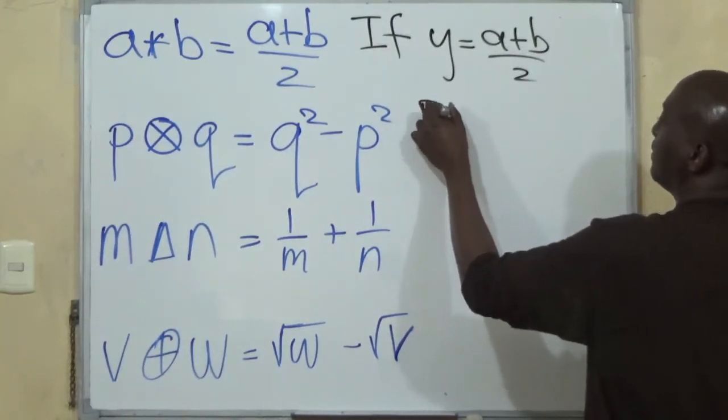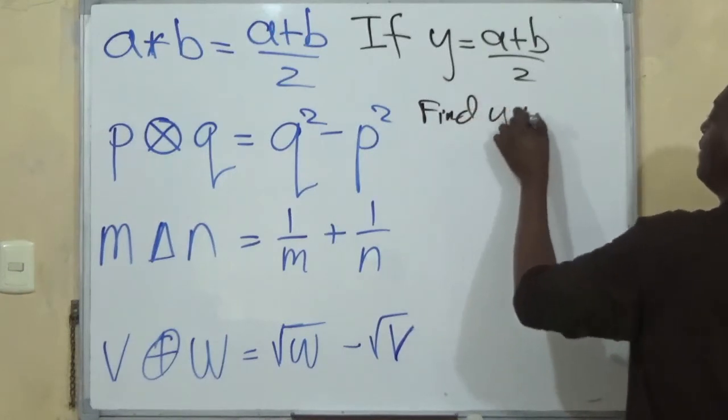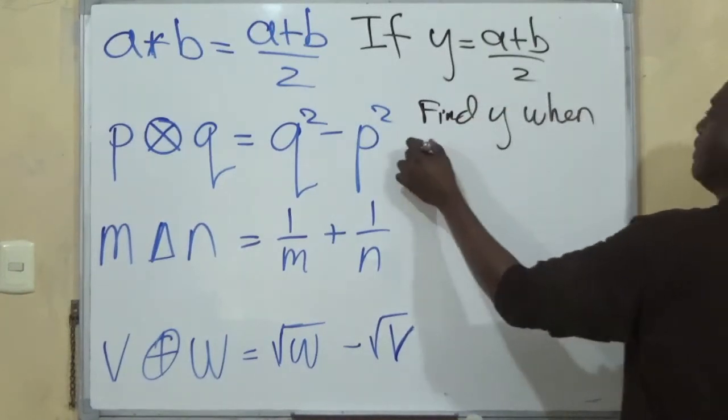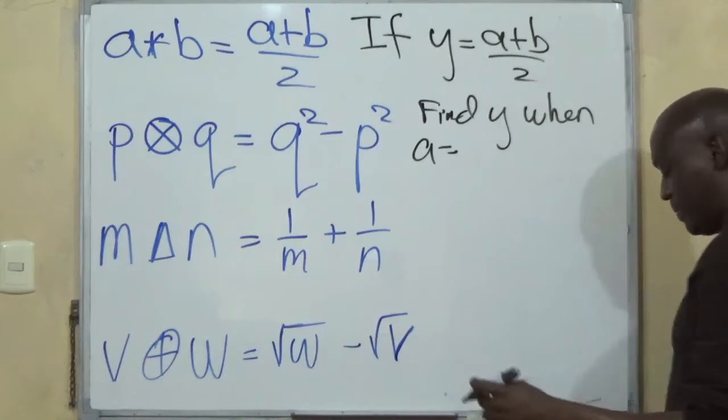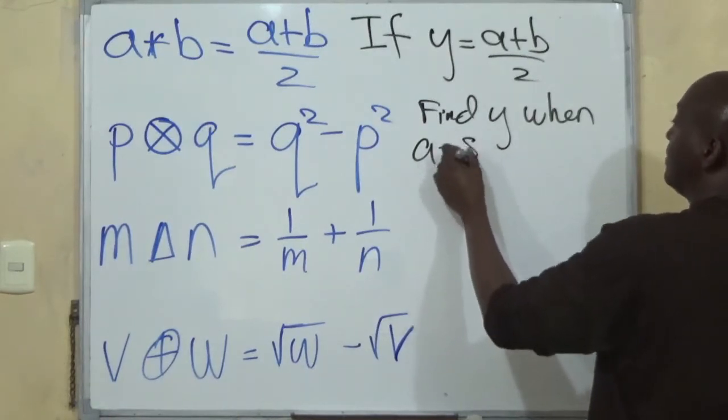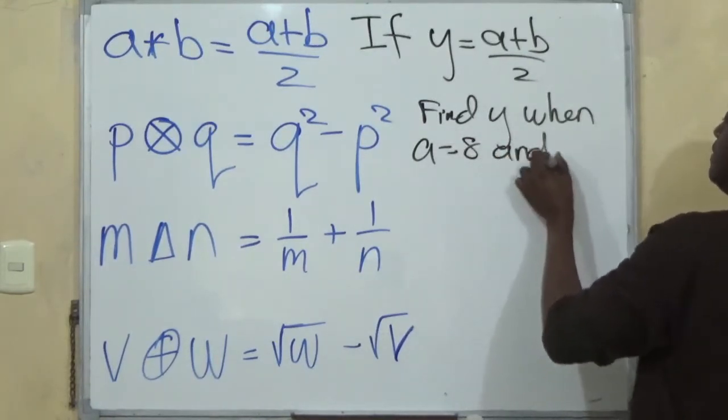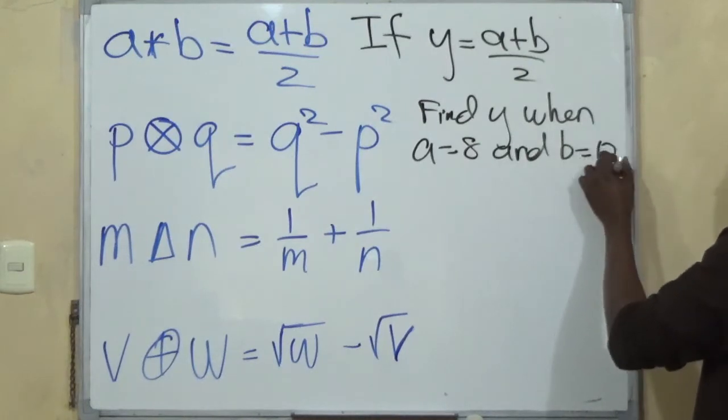Find y when a is equal to, let me use the same values we had here, a is equal to 8 and b is equal to 12.